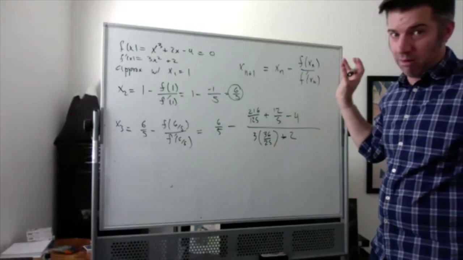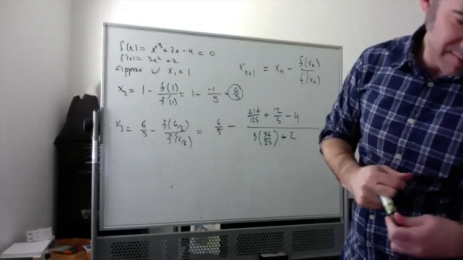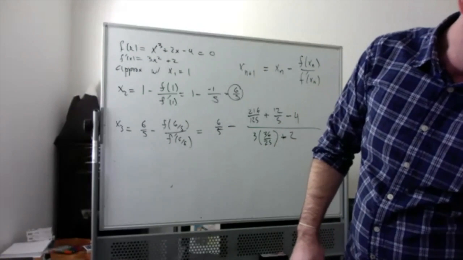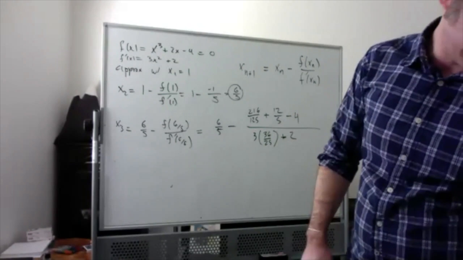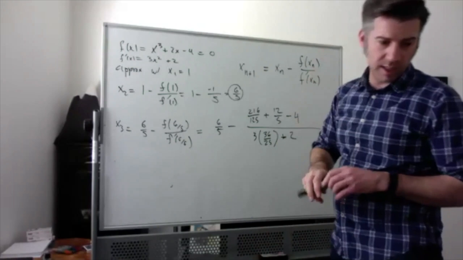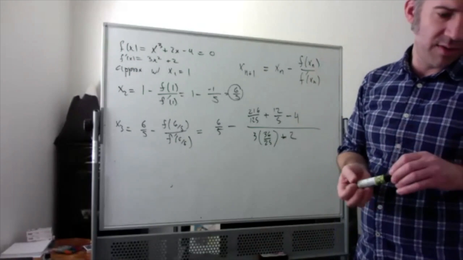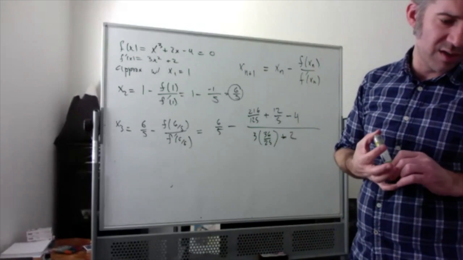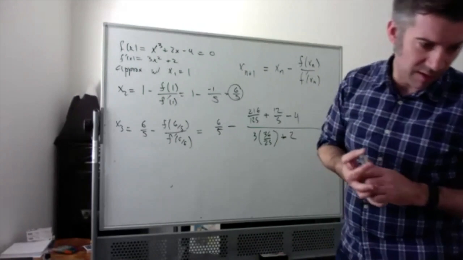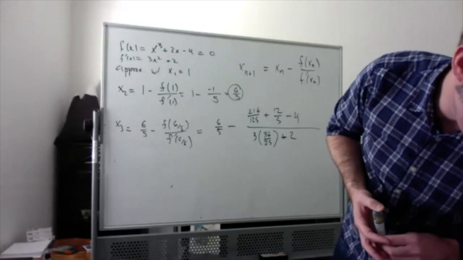The other type of Newton's method question, which is by far more annoying, is something like the next question, problem 23, which is use Newton's method to find all roots of the equation, correct to 6 decimal places. We might not finish this problem, but let me see if any of these are not terrible.